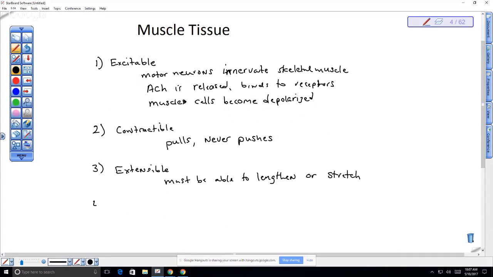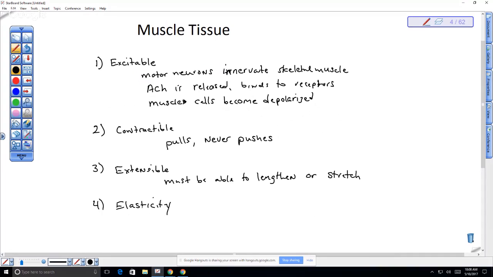And then the fourth thing that it has to be able to do is it has to be able to come back to position. So it has to have elasticity. Oops, elasticity. Okay, so we talked about elastic fibers in connective tissue. Remember, like there's elastic cartilage in your ear. So when you bend it, it will kind of bounce back. We don't have elastic fibers in the muscle, but we do have muscles that are kind of spring shaped.